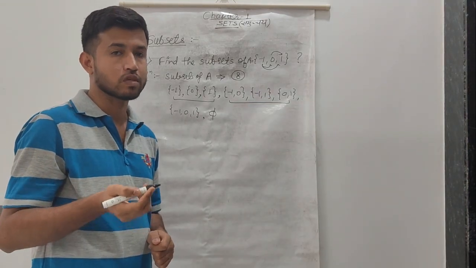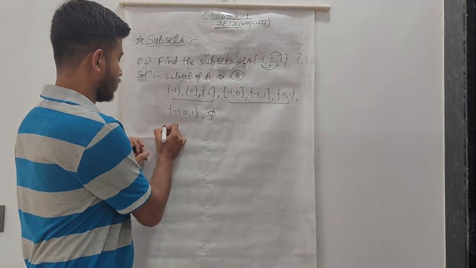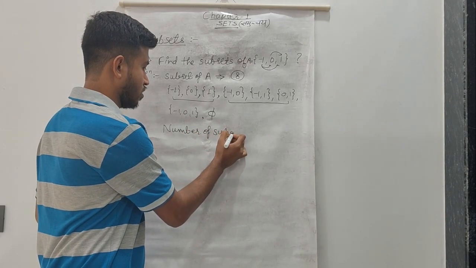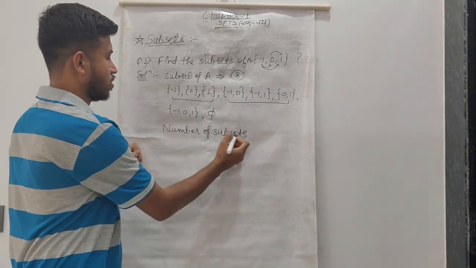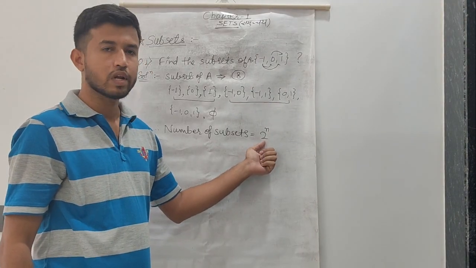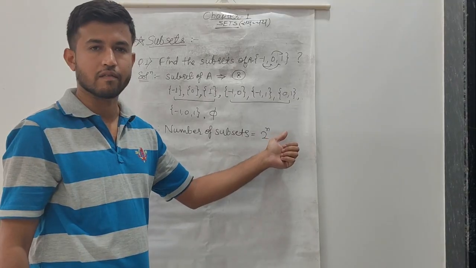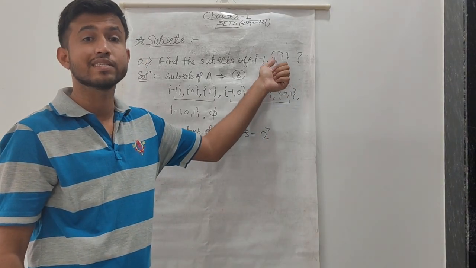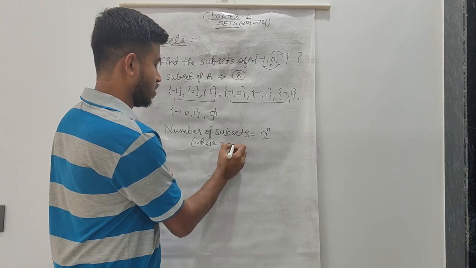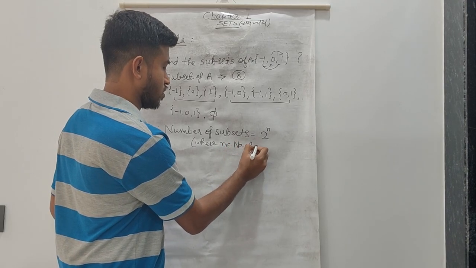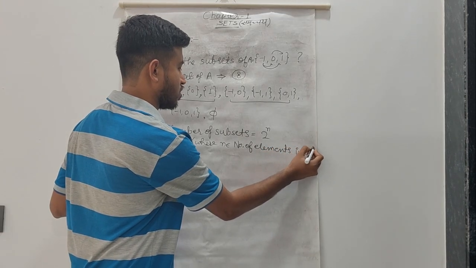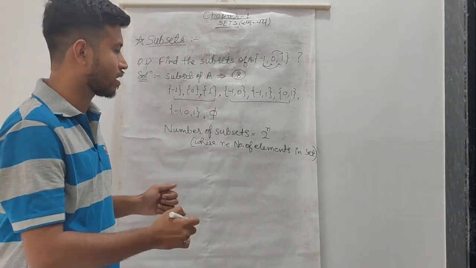If you were to find the number of subsets, you will take 2 to the power n, where n is the number of elements in the set.